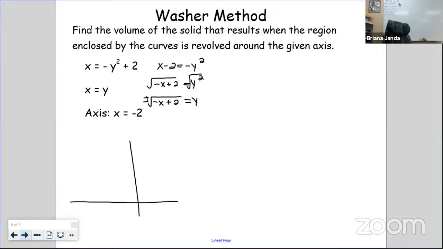Okay, go to your calculators and graph that for me real quick. The only reason I say that is we might be a little bit tricky on the whole -x+2 thing with our transformations.